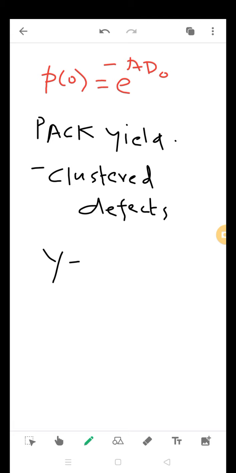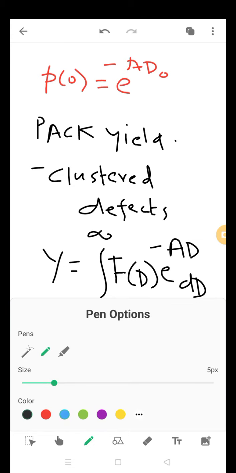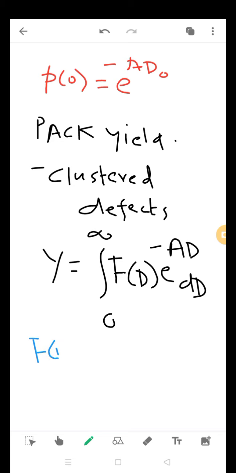And in this case the yield is given as the integration from 0 to infinity of f(D) e to the power minus A D dD, where f(D) is equal to the distribution of defect density.